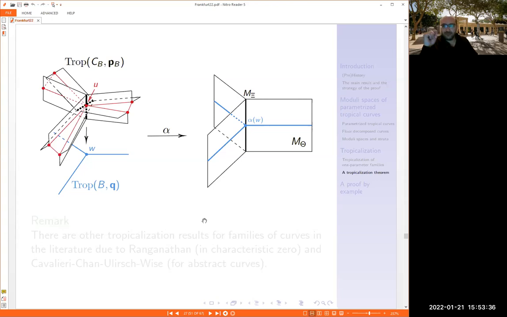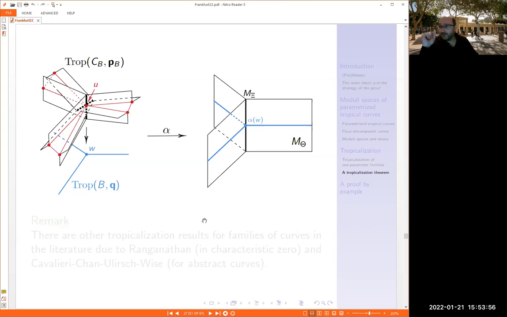In a sense, if you travel from a nice cone along the image of alpha and you hit a simple wall, you can proceed to either of the other two nice cones that resolve this simple wall, that are attached to this simple wall.